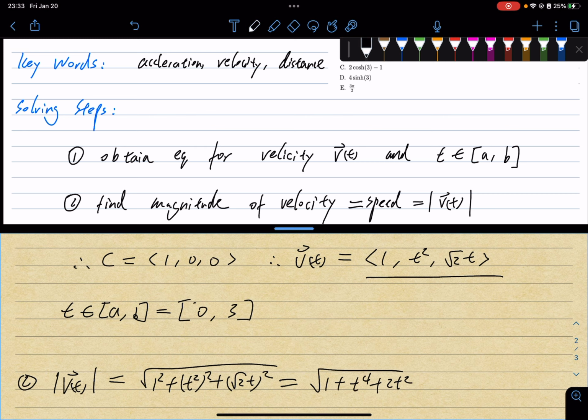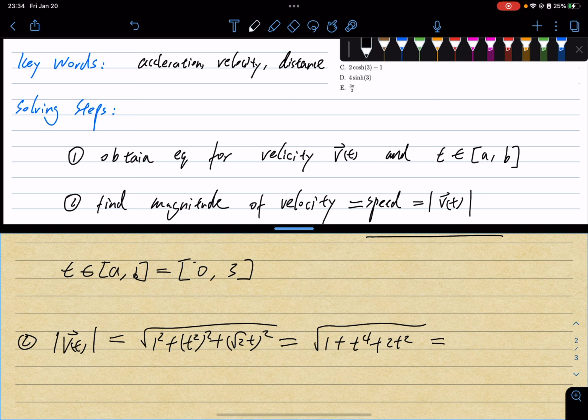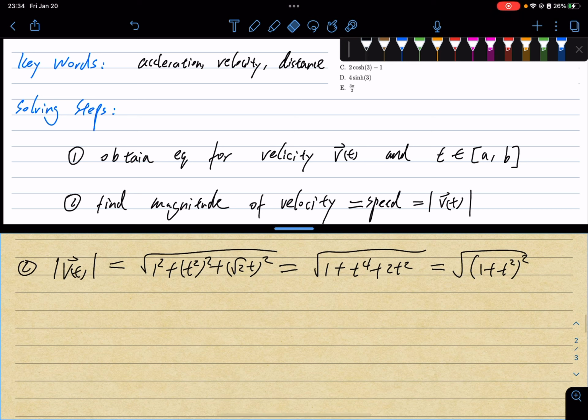I think everybody can understand how to factor this. If we treat this as a squared and this as b squared, and this is 2ab, you end up with 1 plus t squared.